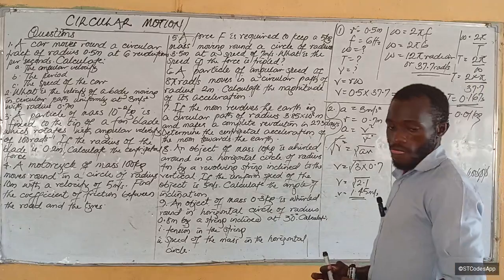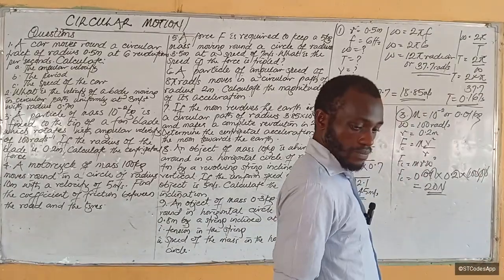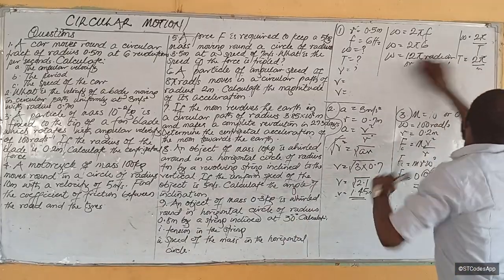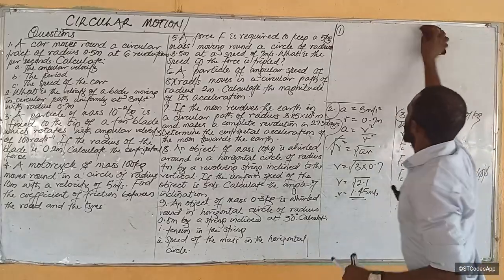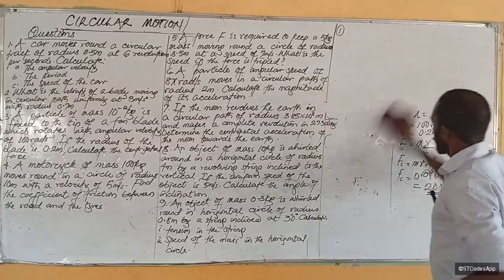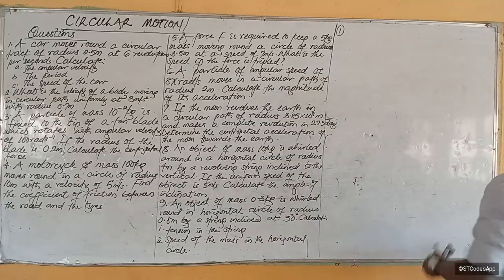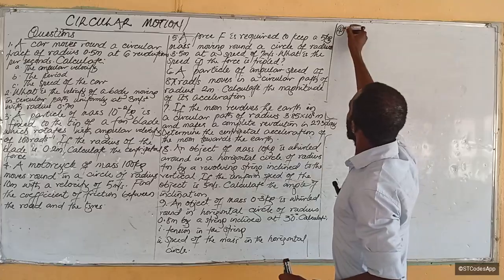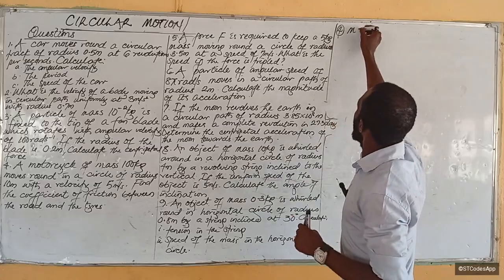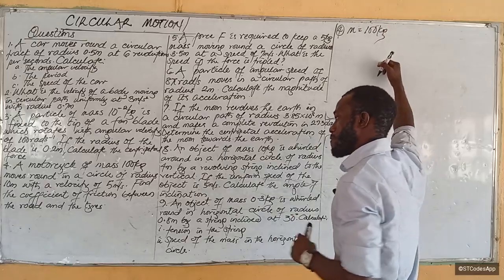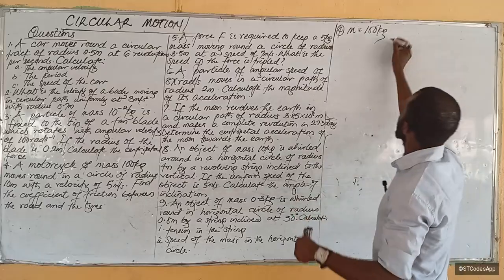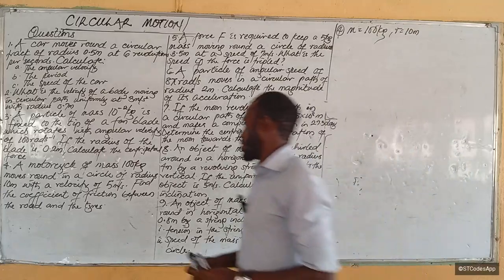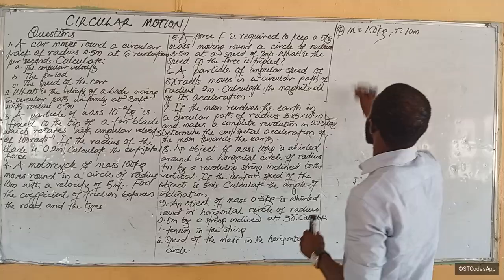Now let's go to question 4. So I would like to clean the top now. Question 4 says that a motorcycle of mass m equal to 100 kg moves round in a circle of radius r, 10 meters, with a velocity of 5 meters per second.